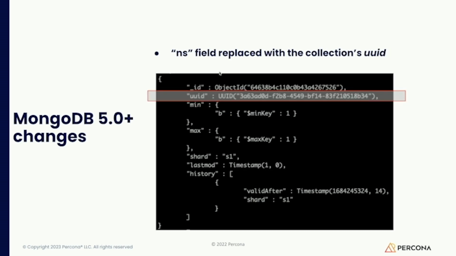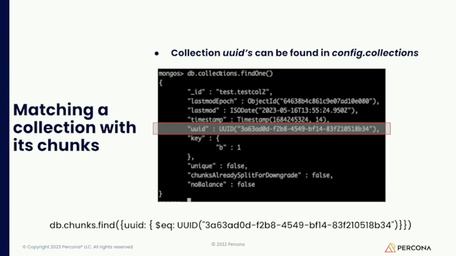But now, starting with MongoDB 5.0, there is a change in this structure. So the namespace field is no longer present. And now instead you have a UUID for a collection, as you can see here. So if you want to know exactly which collection this chunk is a part of, you'll have to do something extra, which is to match the UUID value with the contents of the config.collections collection.